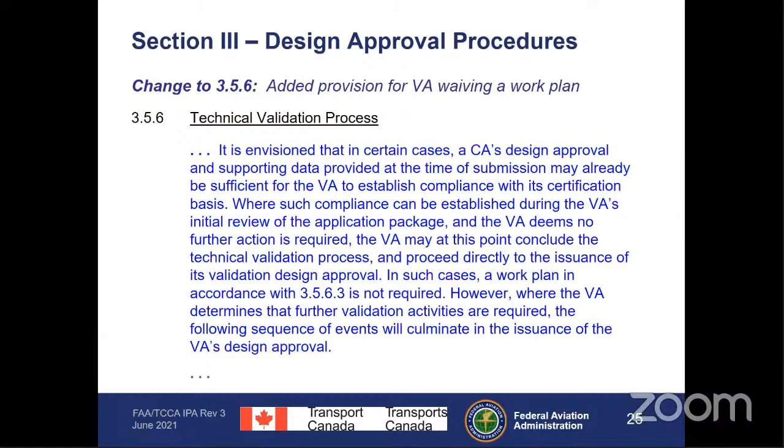And there may be cases where the application package contains sufficient data and compliance documentation that will allow the VA to make a determination on that basis alone. So subsequently, we can conclude the validation effort at that point without bringing in another certification document like a work plan. So this was flexibility introduced into IPA 3, and we think that'll be very helpful going forward as well.